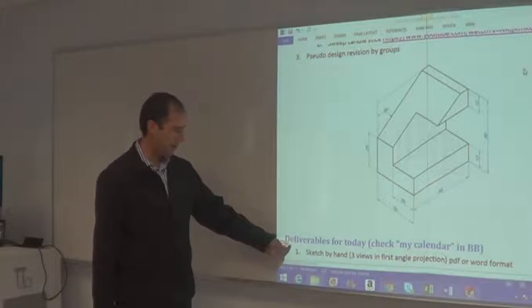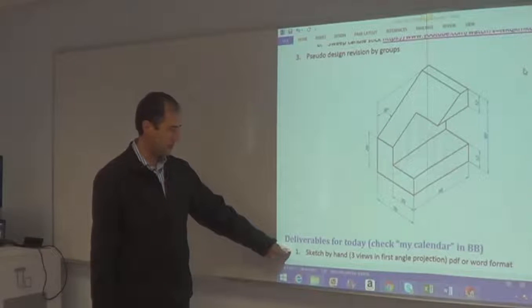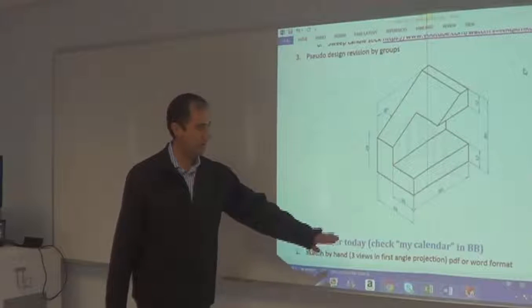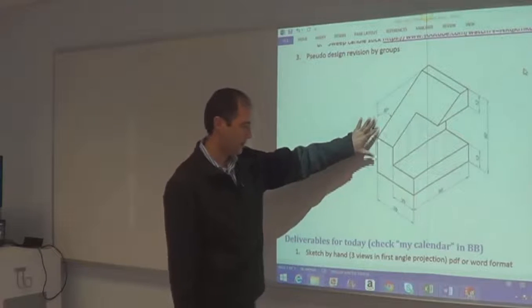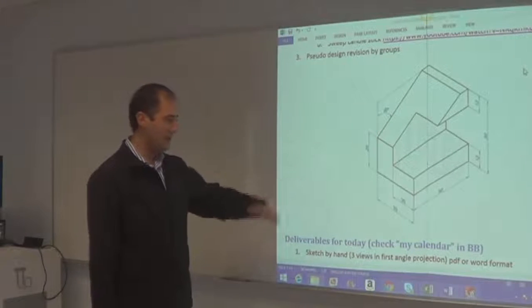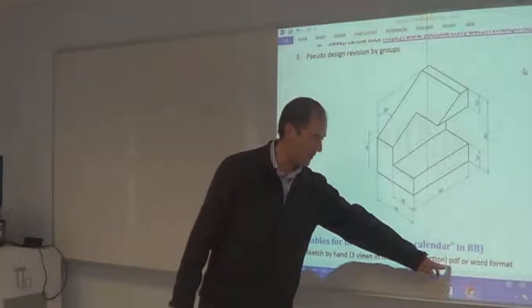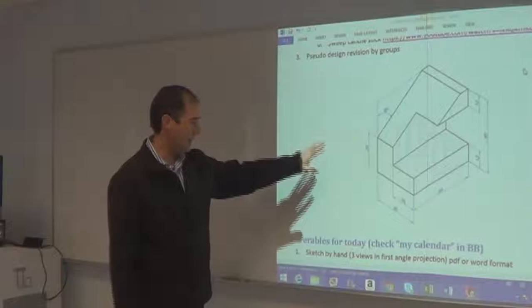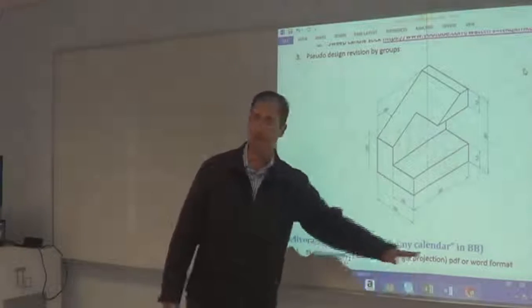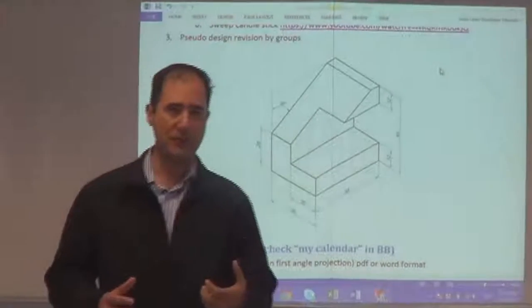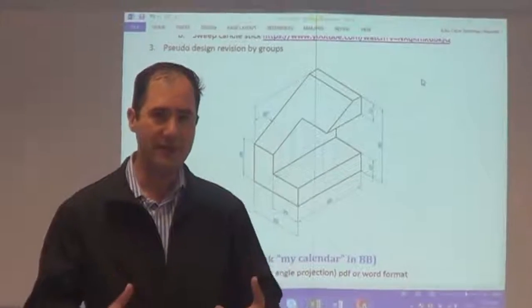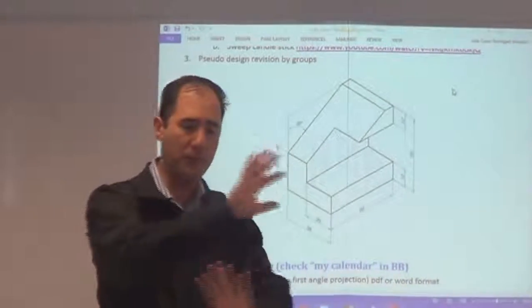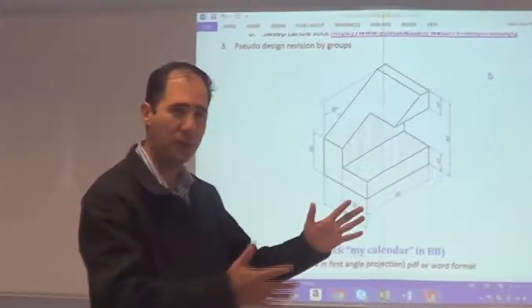Today's deliverables: the first one is to sketch by hand three views of this object, which you already know, and submit it in either PDF or Word format. It has to be in first angle projection. Remember, first angle projection is the European system to accommodate all the views within the drawing.